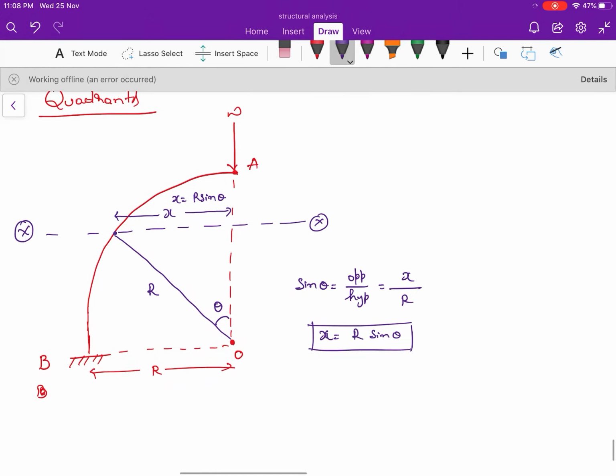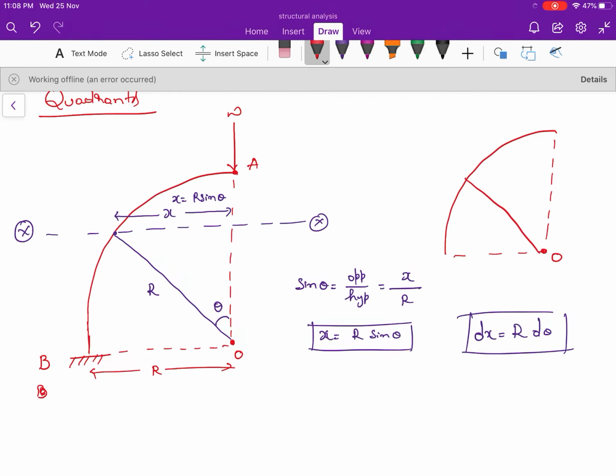Next, what is the value of dx? According to the arc formula, the value of dx is equal to r into d theta. That is because it has already been explained, but one more time I am going to explain it. If this is the quadrant, let me take this as point O. If I take any elementary length like this, let me take this elementary length as dx.